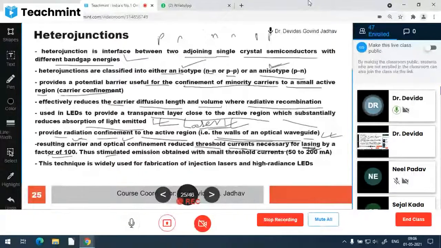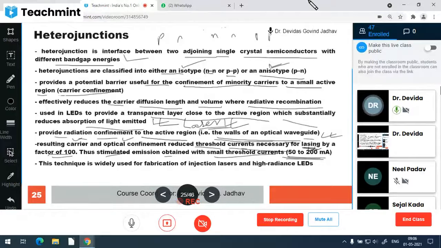Thus, the stimulated emission is obtained with smaller threshold currents. For example, it is of the order of 50 to 200 milliampere. So if you take it 100 times, 50 will go to 5000, that is 5 ampere.